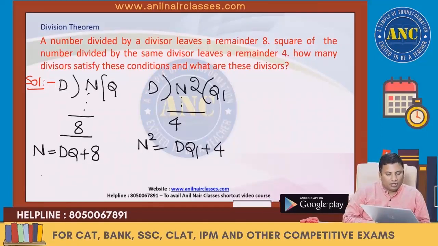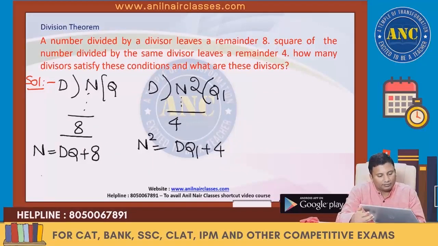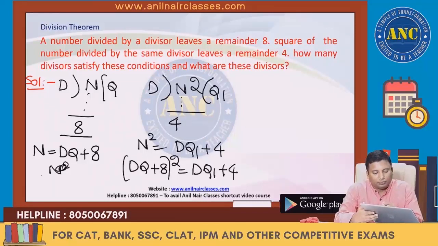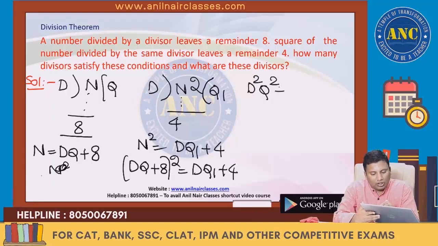Now, if you see here, square it. If I square it, n square, (dq plus 8) whole square, equivalent to dq1 plus 4: d square q square plus 2dq.